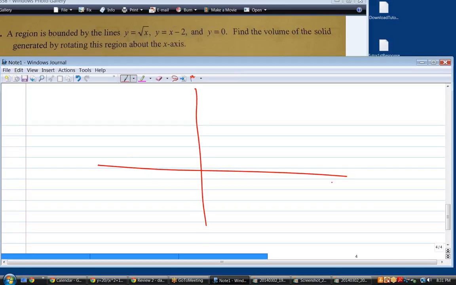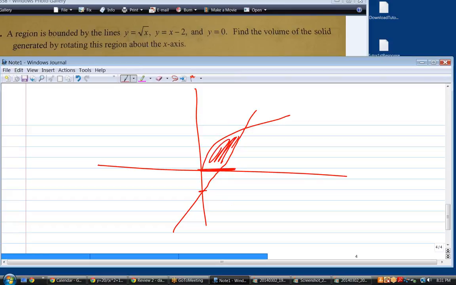I always like to draw a picture, because for one thing, you're not sure which is the above function and which is the below function. Well, y equals x minus 2 goes through the y-intercept, has a slope of 1. So there's our figure, and y equals 0.